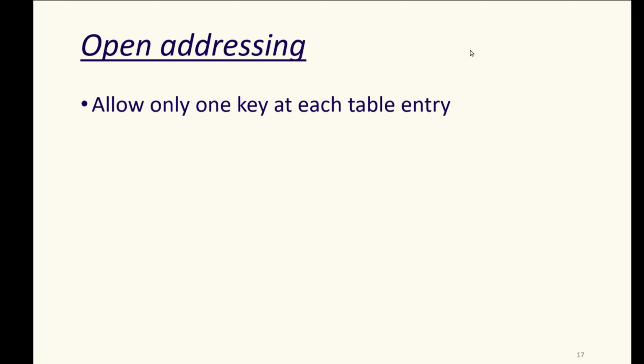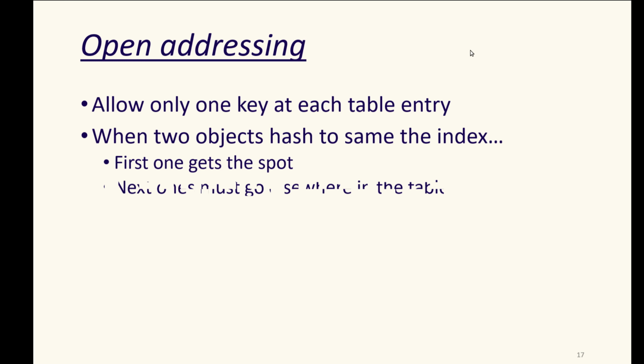The other common approach is going to be limited in terms of the space in that regard. It's called open addressing. So here we only strictly allow one key at each table entry in the hash table. We're not going to add on lists and sort of grow outward. When two objects hash to the same index, we just look for another spot in the hash table for them to go to.